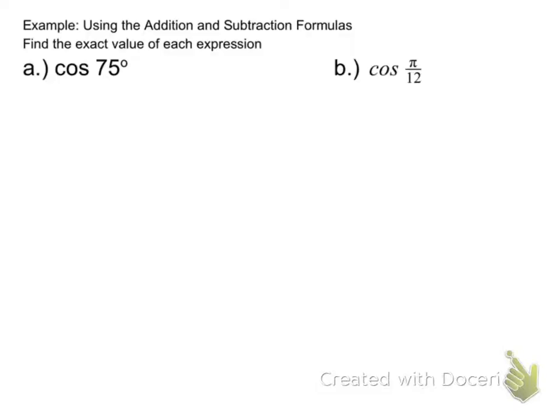We're going to do this in two different ways: the addition property for cosine, and the subtraction property. The addition property, what two angles added together will give me 75? There's multiple combinations. So it's cosine of 45 plus 30. Would you guys agree with this?